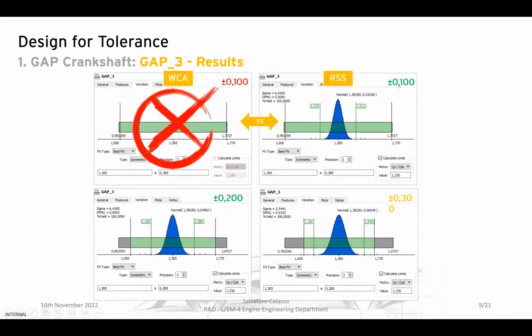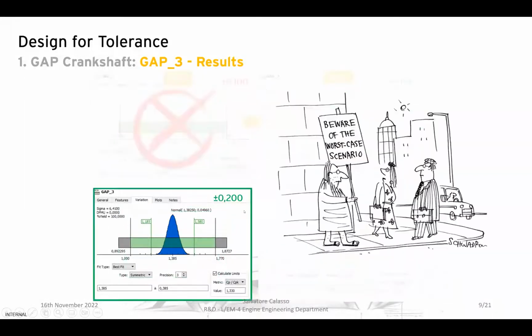So sure, we can pass through plus minus 0.1 millimeter, but also plus minus 0.2 millimeter is good, but also 0.3 millimeter are good for our application. At the end, we choose on the plus minus 0.2 millimeter for the shoulder related to the block, for safety reason, but also to keep a margin to work on the other part in the future.